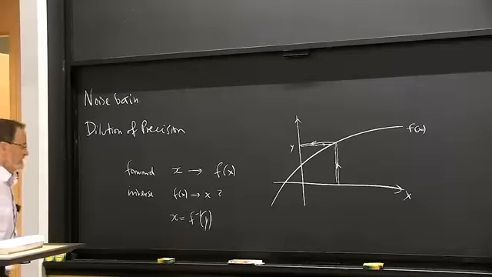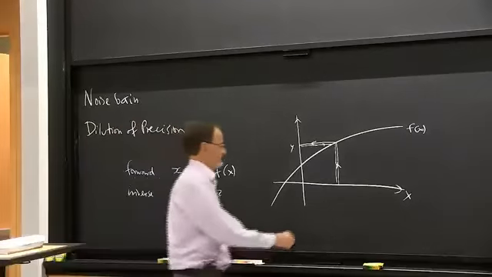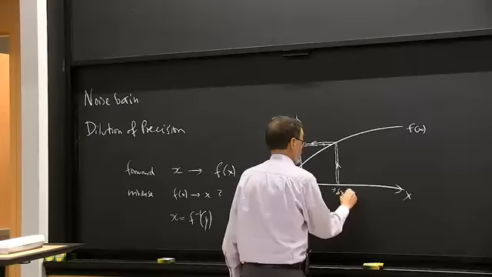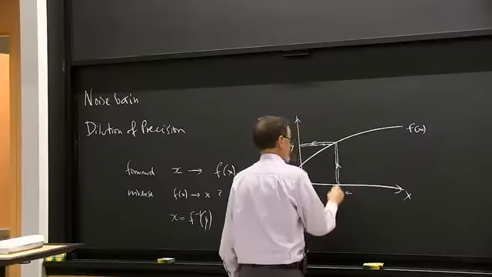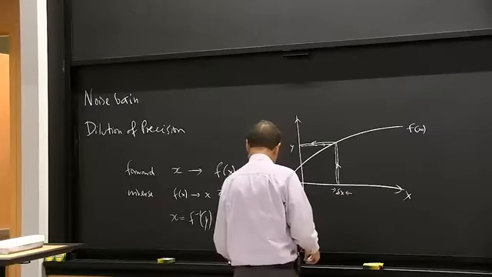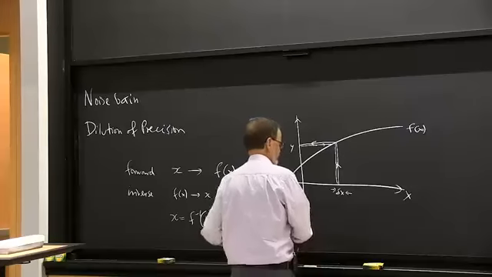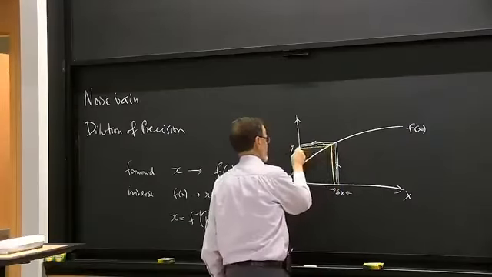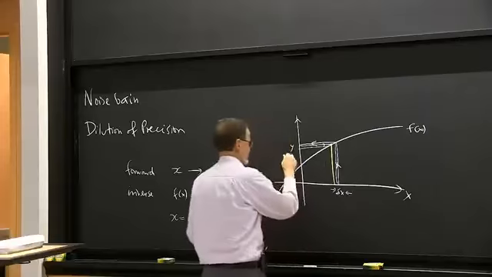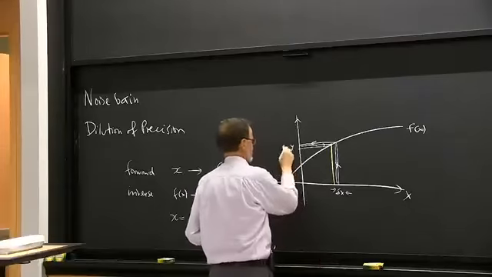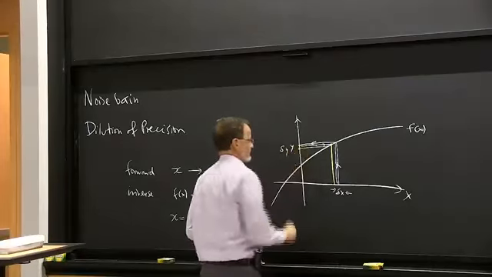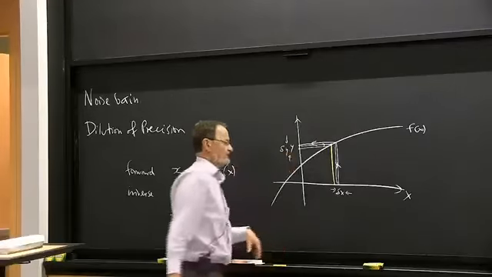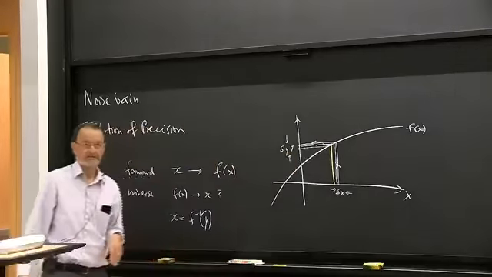Okay. So then the next question is, what if there's some error? Well, in the forward direction, it's pretty straightforward. Suppose that I take a second value here. Then there'll be some error up here, delta y. And what's the relationship between delta x and delta y?